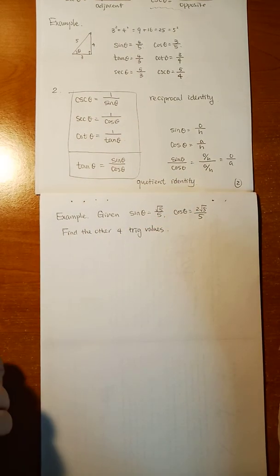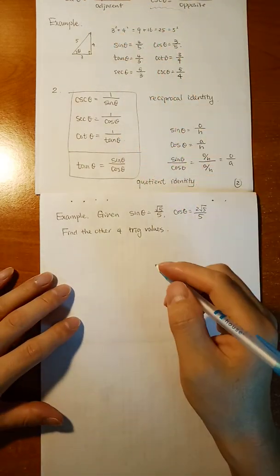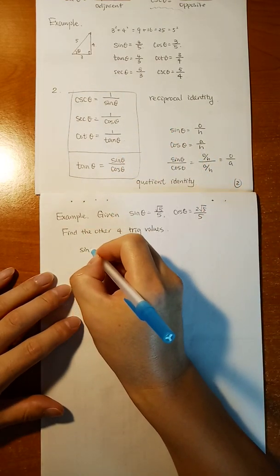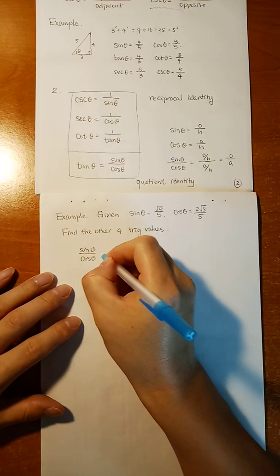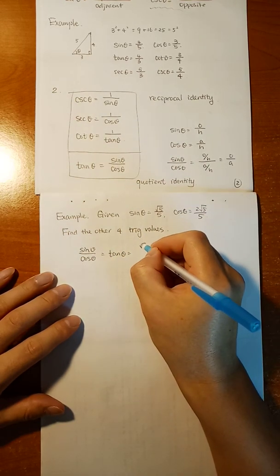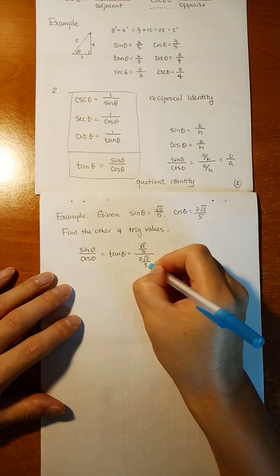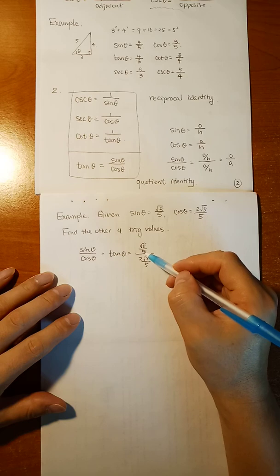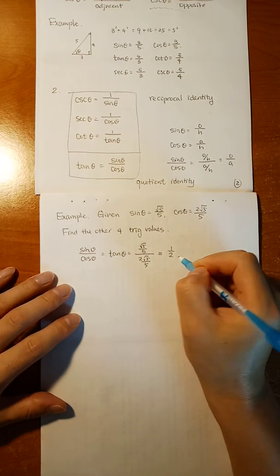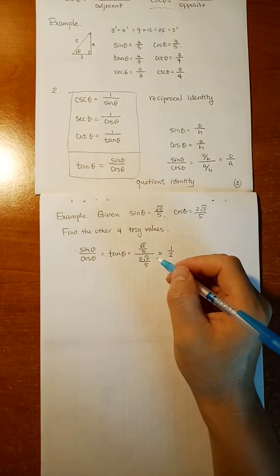How do we find them? We just follow this property. So you have sine, you have cosine. So sine over cosine is tangent theta. It's square root of 5 over 5, over 2 times square root of 5 over 5. Root 5 over 5, root 5 over 5, you cancel the same term, you get 1/2. Okay, so tangent is 1/2.